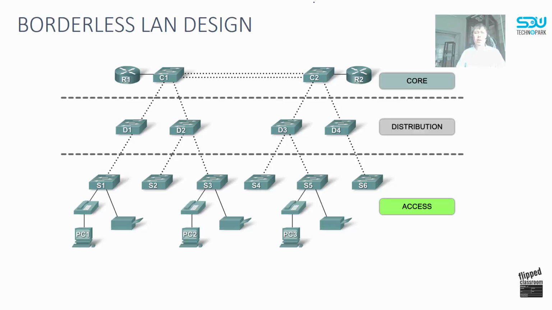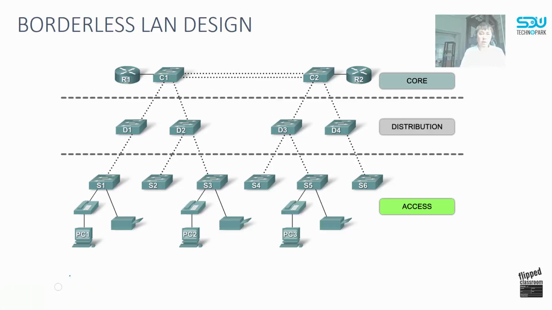Also we have such kind of LAN design which is called Borderless LAN Design, which is the property of Cisco. They created such kind of model of the LAN design which can provide a lot of advantages of the interconnectivity of your devices inside the local area. And here they are.